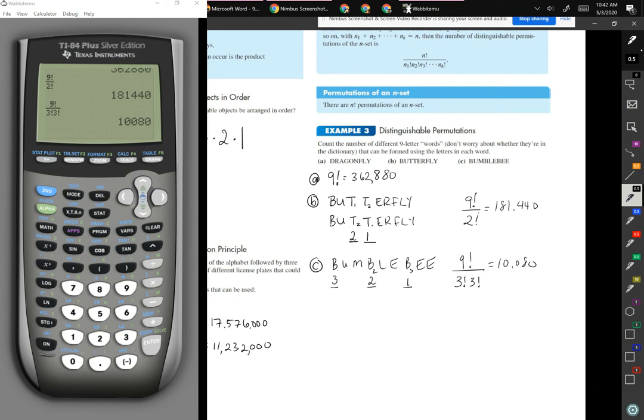So there's 10,080 arrangements. And if you multiply this by, right, because 3 factorial is 6 and 6, we divided by 36. So if we only did 9 factorial, which was up here, this divided by 36 would be this, because 3 factorial is basically 6, and 6 times 6 is 36.